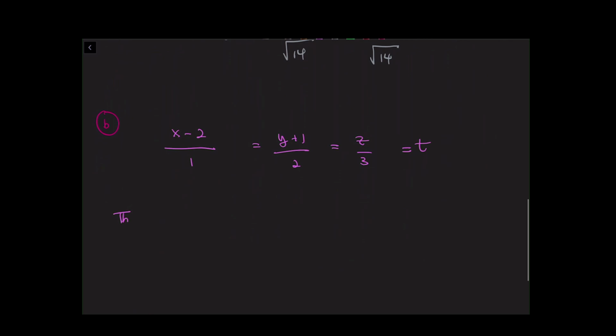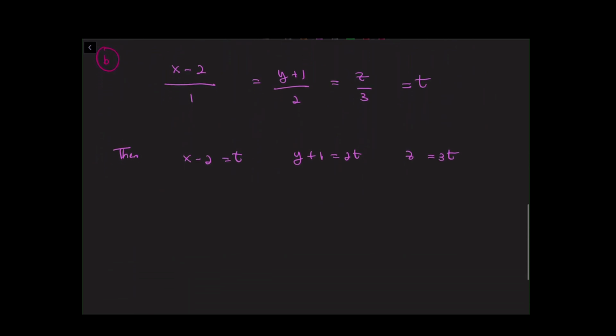Then x minus 2 will be equal to t, y plus 1 will be equal to 2t, and z will be equal to 3t. Make x the subject of the formula, y the subject, and z. So you'll get x is equal to 2 plus t, y is equal to negative 1 plus 2t, z will be equal to 3t. It's already 3t.